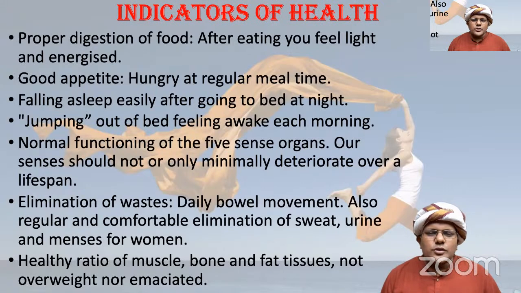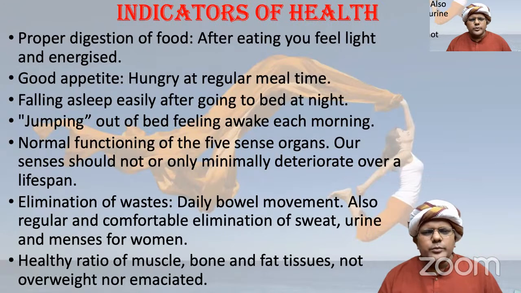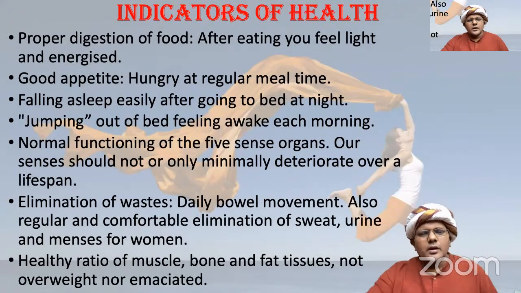Normal functioning of five sense organs. So our senses should not, or only minimally, deteriorate over a lifespan. Over a period of time, if your eyes are not working properly, ears are not working properly, maybe after 50 years, 60 years, that's okay. But nowadays, you see kids having spectacles, youngsters having hearing aids or undergoing surgeries in the eyes and ears.